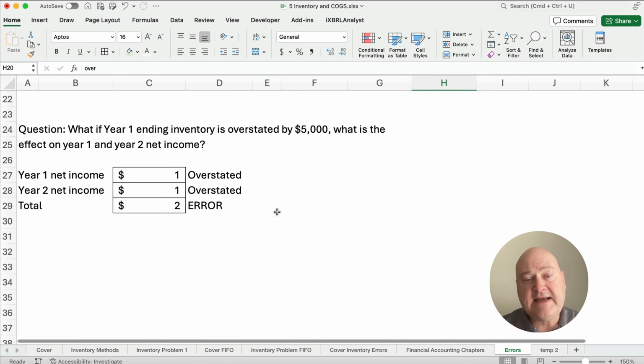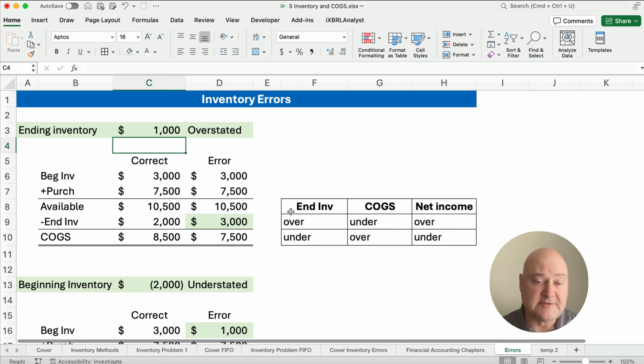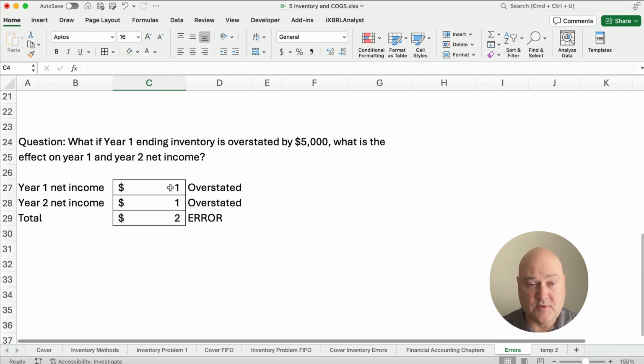If ending inventory is overstated, then net income is going to be overstated. Now we're working without tax, so we would simply say this is going to be $5,000 overstated for year one.